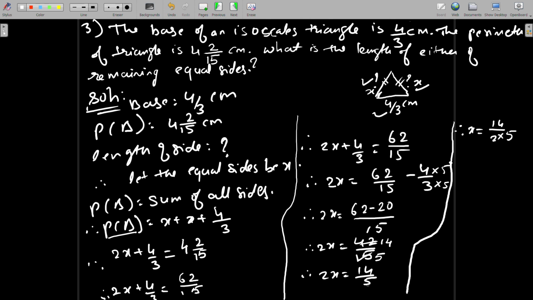When we carry it to this side, it will become division. So this becomes very simple now. 2 ones are 2, 2 sevens are 14. Therefore x is equal to 7 by 5 is the final value. If you want to simplify this further, you can convert it into a mixed fraction, or x is equal to 7 by 5 is fine. Got it?